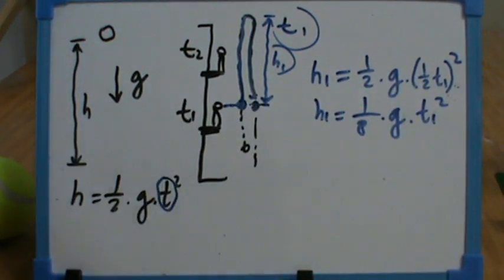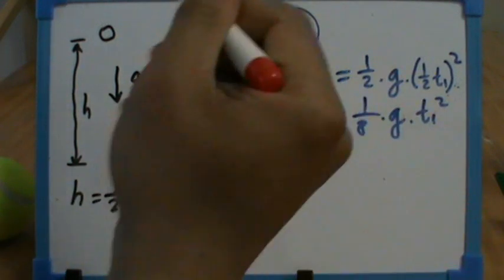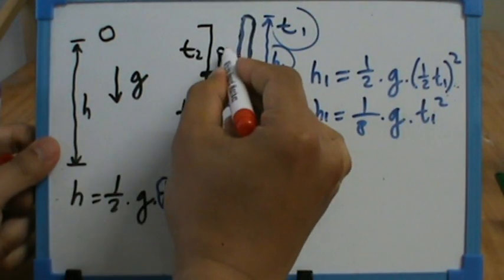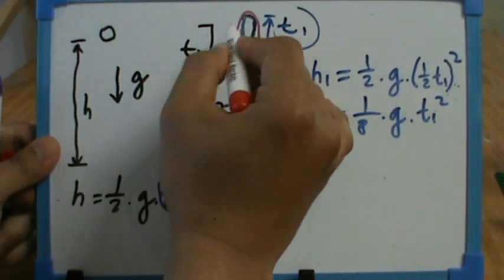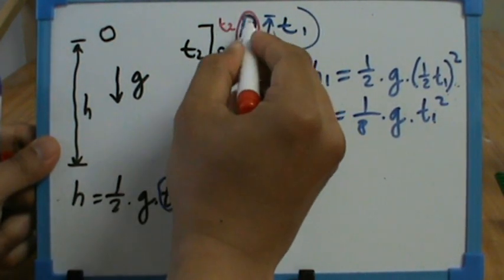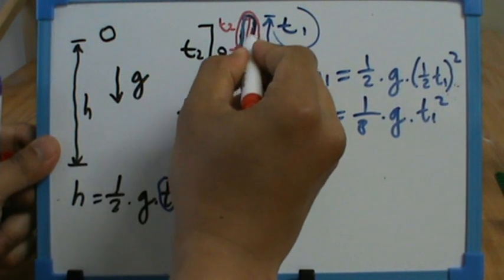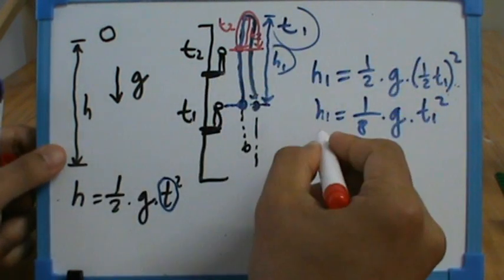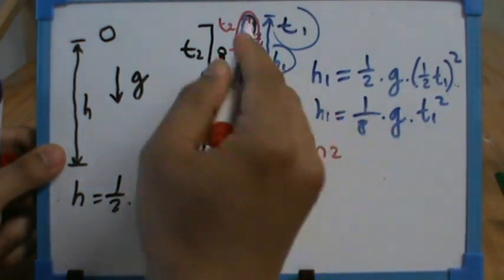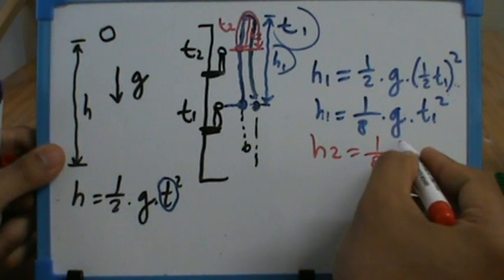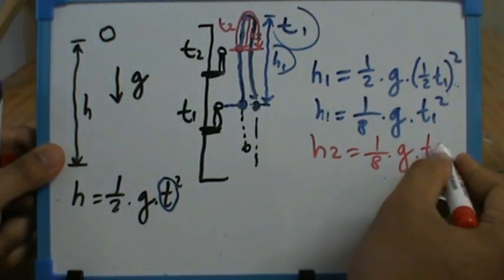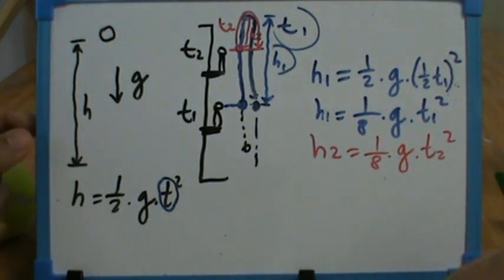Now the same thing also applies for the T2. Here the time for T2, and assume that the vertical distance is h2, therefore h2 here is 1/8 times g times T2 square.